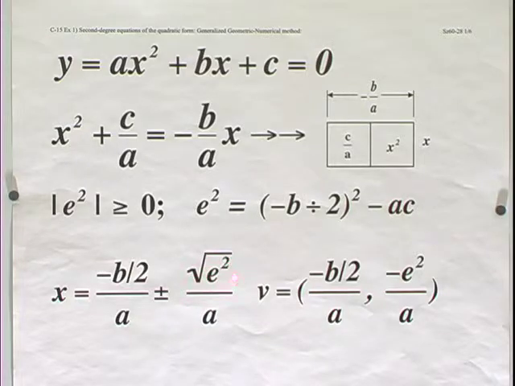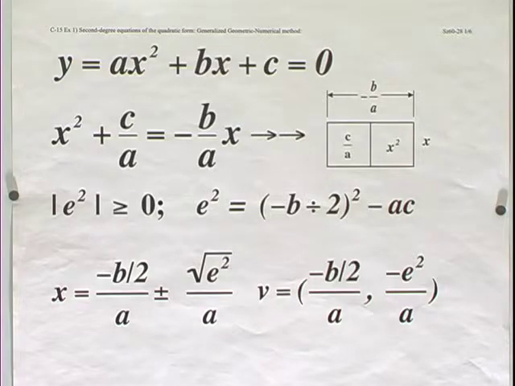We can also, by this method, find the vertex. All quadratic equations plot as a parabola, and the vertex is going to be the xy coordinate at the lowest point or the highest point, depending on the orientation.